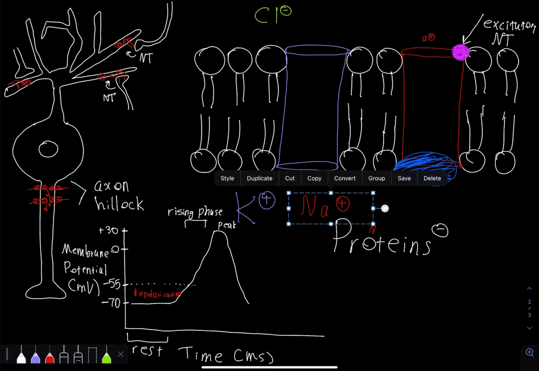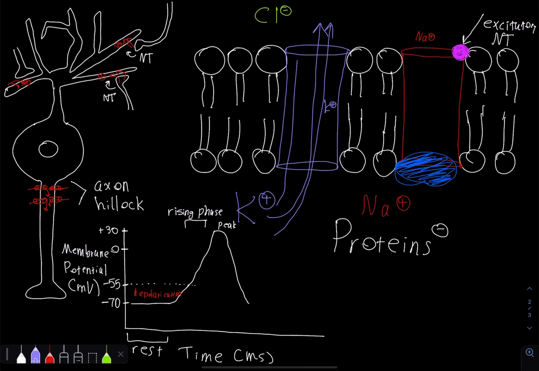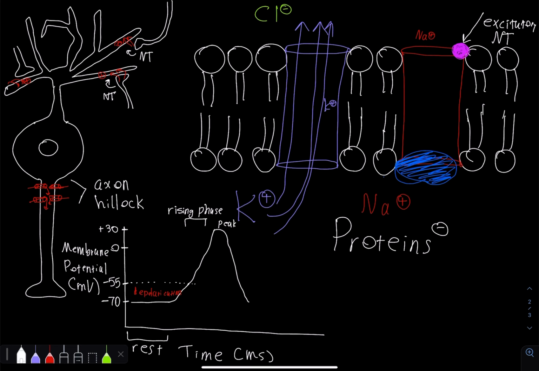So these potassium ions are going to start leaving through these potassium channels. Because positive charge leaves, the net effect is that the inside of the cell is going to become more negatively charged. So we're going to become more negative in this phase called the falling phase.